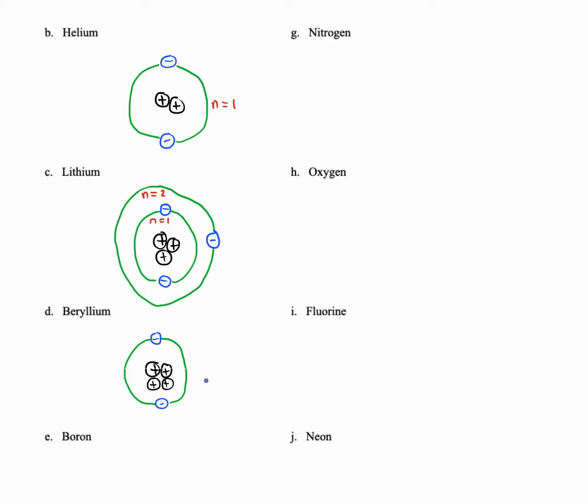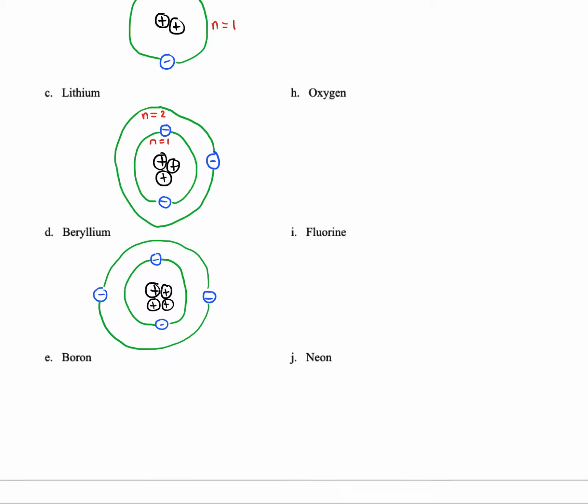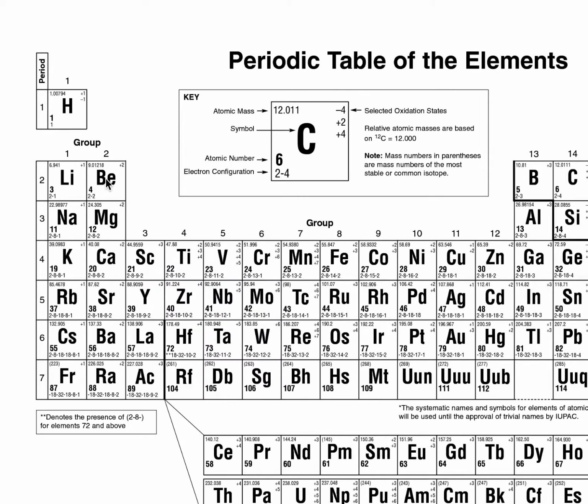Then we'll have 4 protons and 4 electrons. But they have to go in that second energy level shell. So it'll look like that. So we're now here at beryllium.